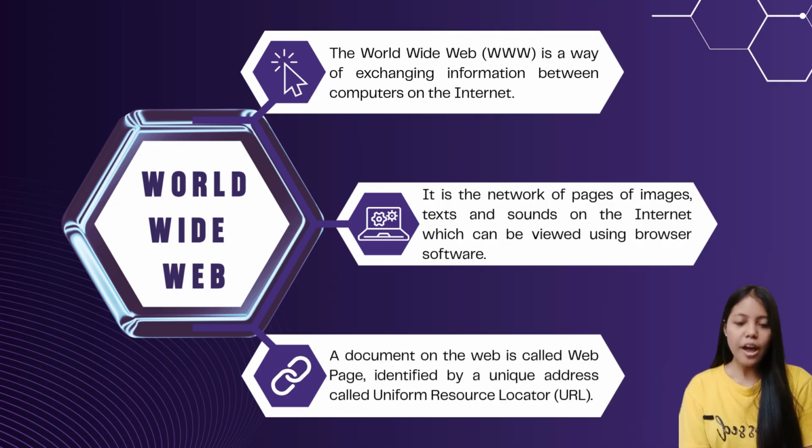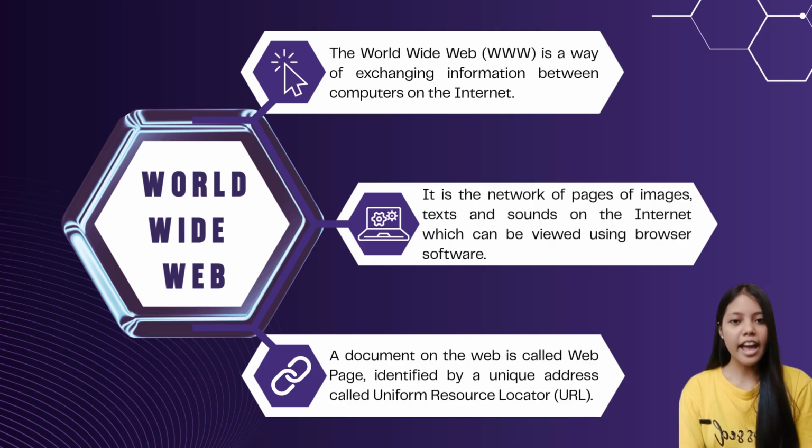Now, every piece of information we see on the web is called a web page. A web page is like one page in a book, and when many web pages are connected together, they form a website. Each web page has a special address called a URL, which stands for Uniform Resource Locator.